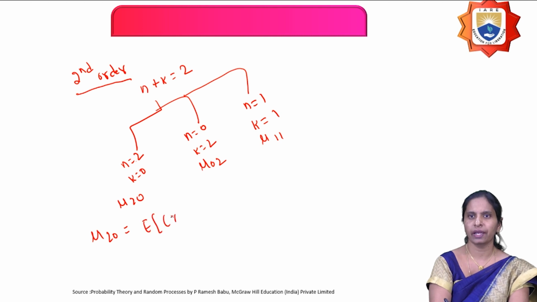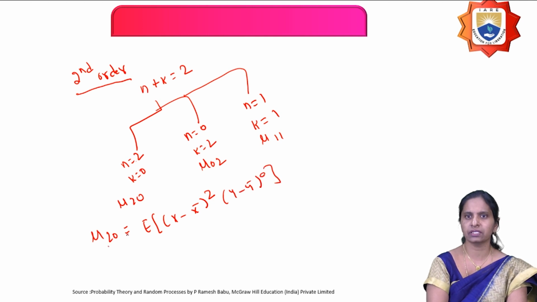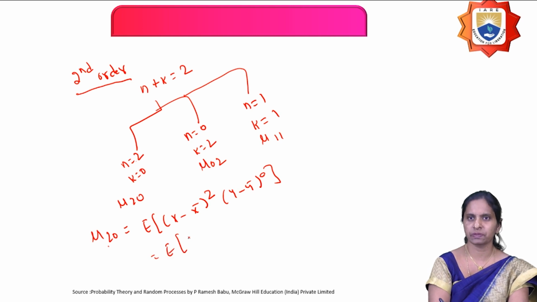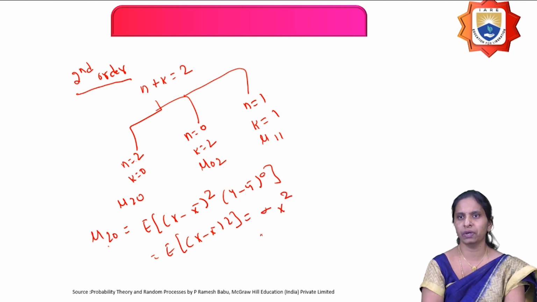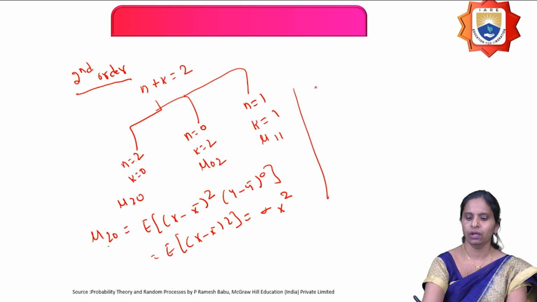Now, what is mu 2 0 equal to? Expectation of (x minus x bar) power 2 into (y minus y bar) power 0. So, here n is 2 and k equals 0. That equals the expectation of (x minus x bar) whole square. What do you call this? Nothing but the variance of the random variable x. And similarly, what is mu 0 2?